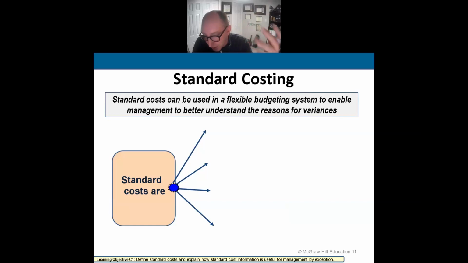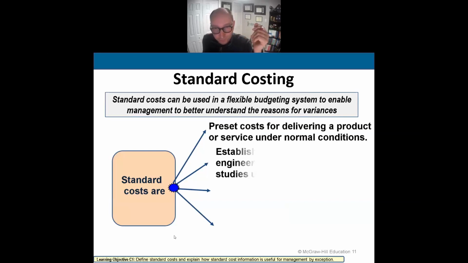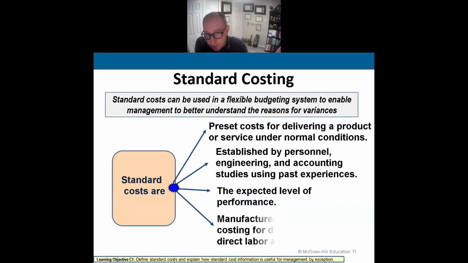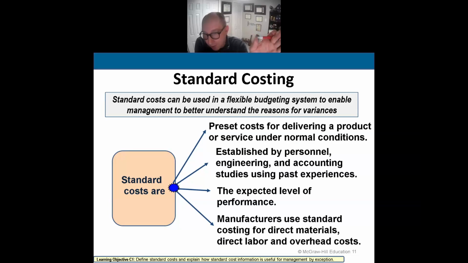The standard cost is the budgeted cost, or the cost I would normally pay. These are the costs that would be under normal conditions. These costs are established by accounting, past experiences, and so on. It's the expected level of performance.